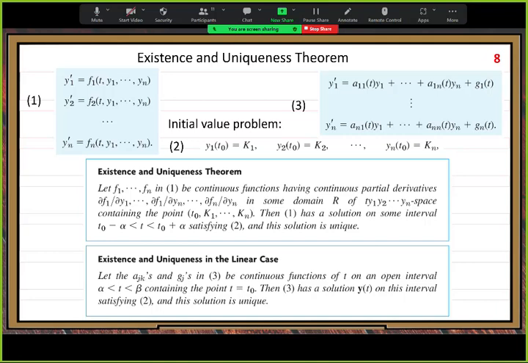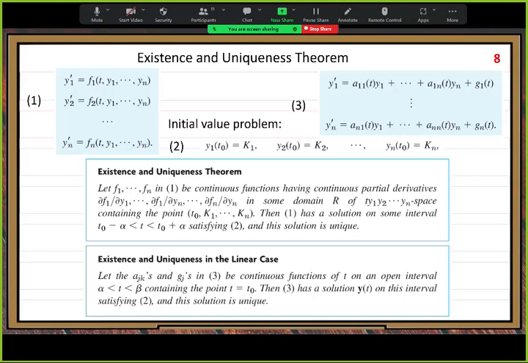So you apply the first version of the existence uniqueness theorem to equation 3, and you immediately get the second version. It's simple. So that's this topic, and we know this result.